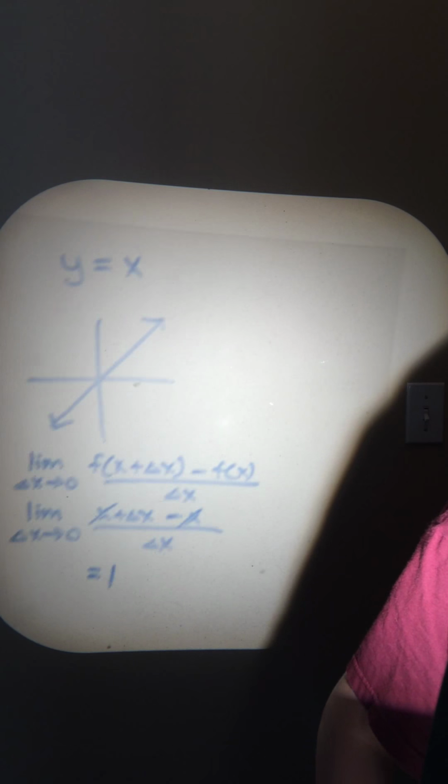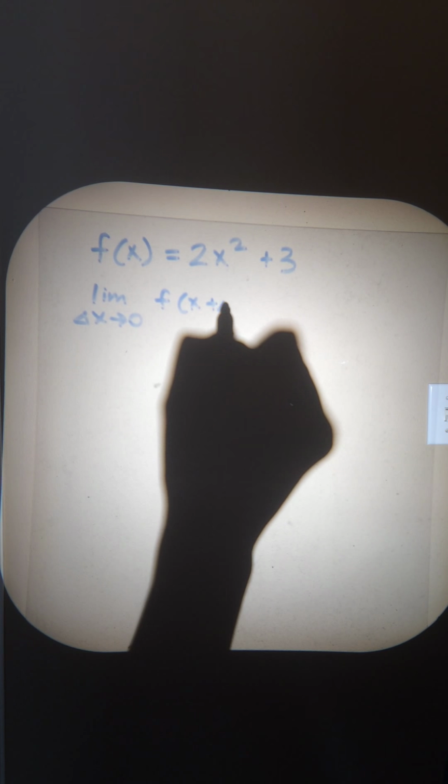Now let's take a look at some other problems, things that we might see on tests or quizzes. So, using the definition of a derivative, let's find the derivative of f of x equals 2x squared plus 3. Again, the first thing you're going to do is write down the definition. The limit as delta x approaches 0 of f of x plus delta x minus f of x all over delta x.